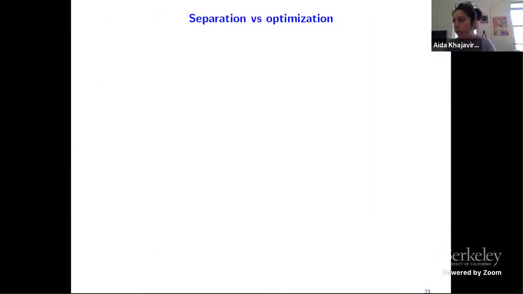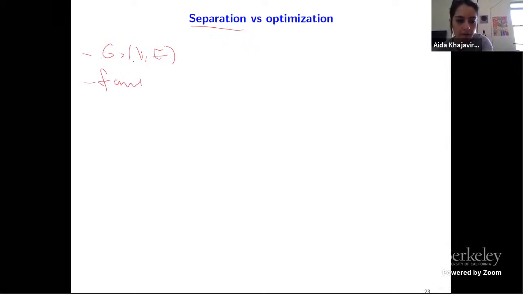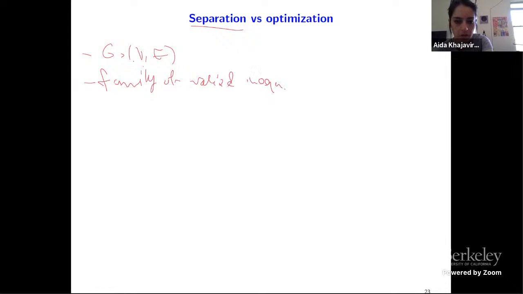Maybe you are familiar with this, but in case you are not, let me tell you what I mean when I say separation. Let's say I have a hypergraph G, so G is given, and a family of valid inequalities for the multilinear set, in this case flower inequalities or running intersection inequalities.